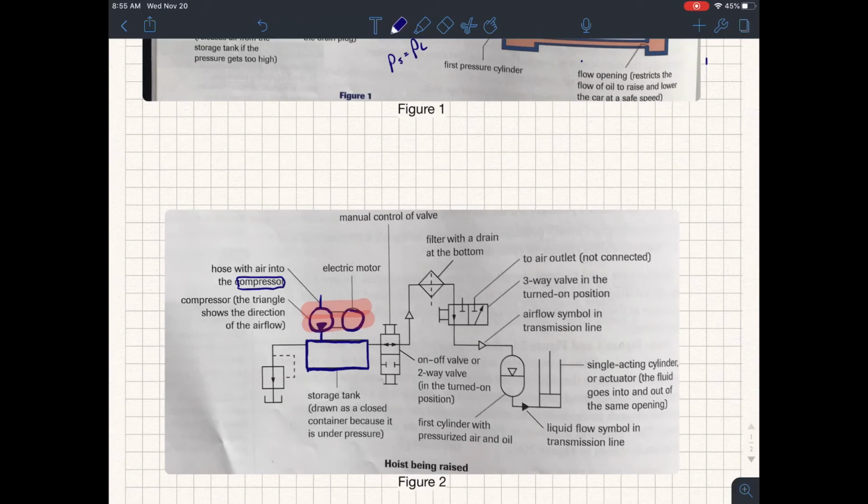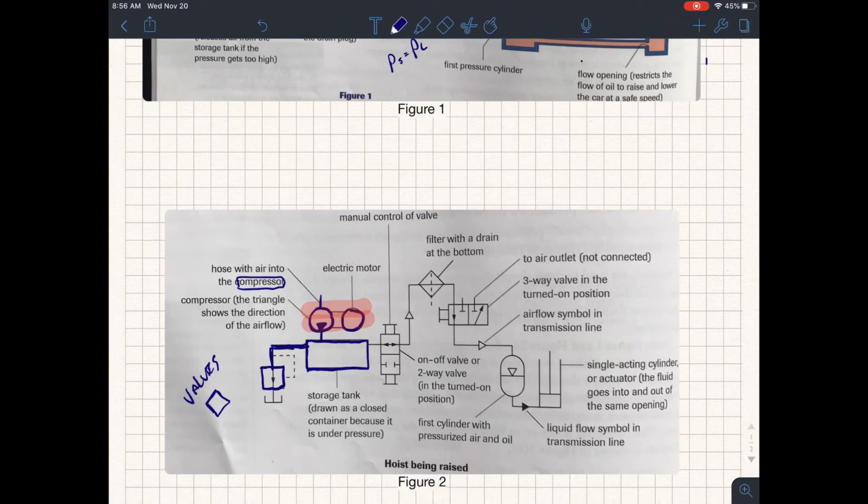There's a transmission line that goes to the pressure release valve, and valves are represented by squares.